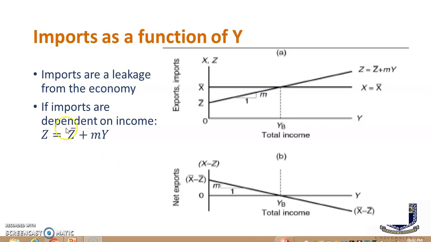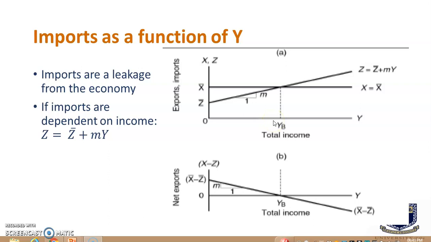The import function Z is equal to Z bar plus MY, and it's shown graphically in figure A along with autonomous exports. The vertical intercept of the import function, Z bar, represents autonomous imports, while the slope of the function, M, represents the marginal propensity to import. X bar represents exports, and we know that it is a horizontal line drawn against total income.